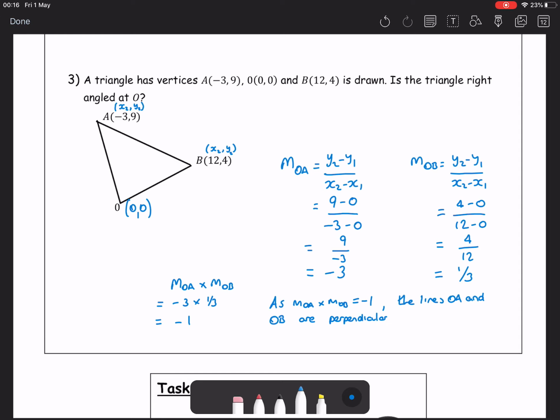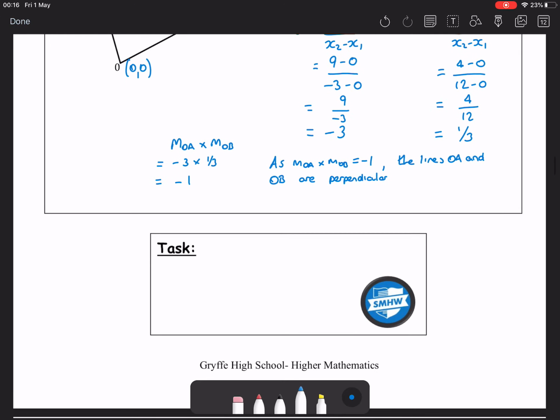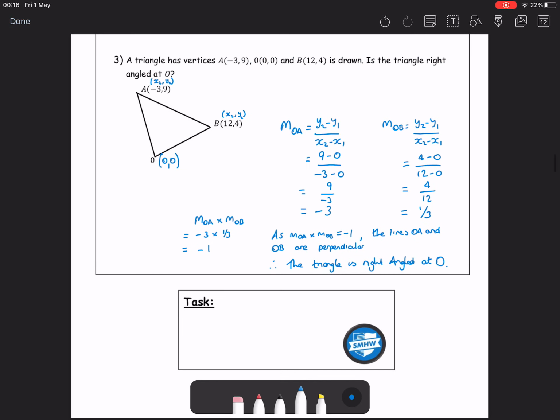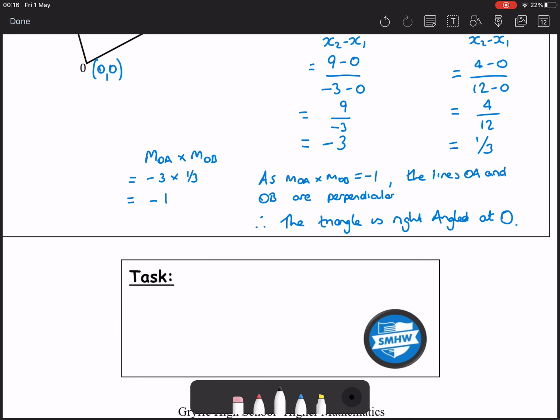Is the triangle right angled at O? Therefore, the triangle is right angled at O. So a different type of question, but again looking at our gradients. And once again, questions can be found in the PowerPoint. Thank you.